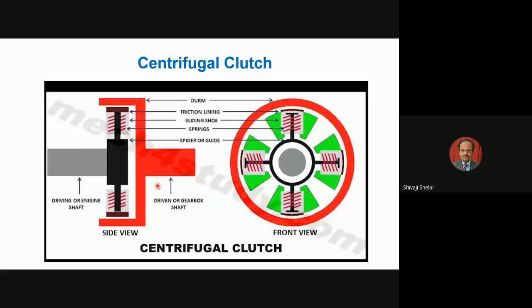They are normally closed clutches, but the centrifugal clutch is a normally open clutch. In normal condition, your centrifugal clutch is open. When you desire to engage, you have to increase the speed. So where can we use the centrifugal clutch? It can be used where the drive mechanism has variable speed.